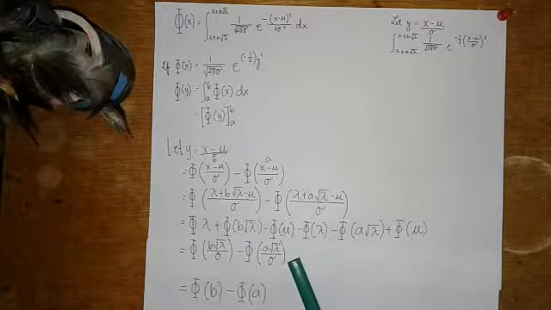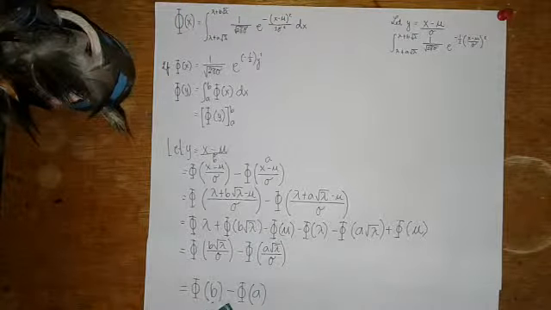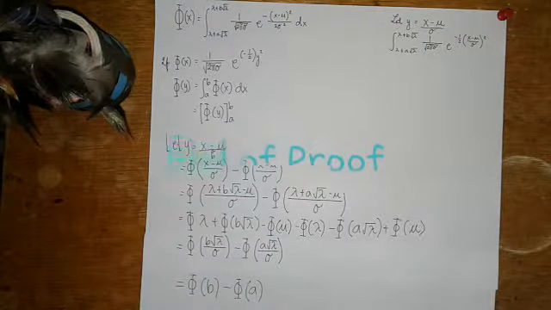So we are going to simplify it. We have phi of b minus phi of a. So this is our answer.